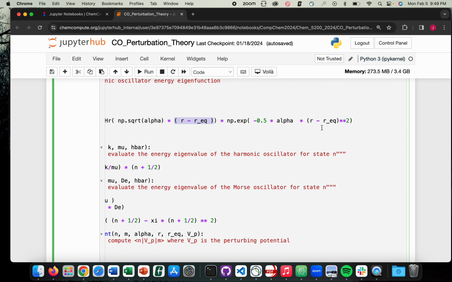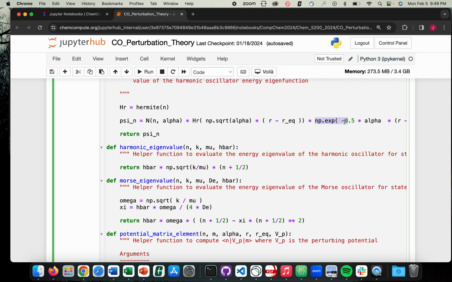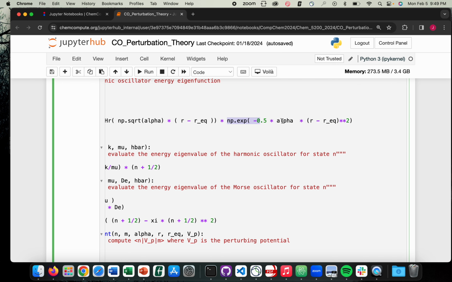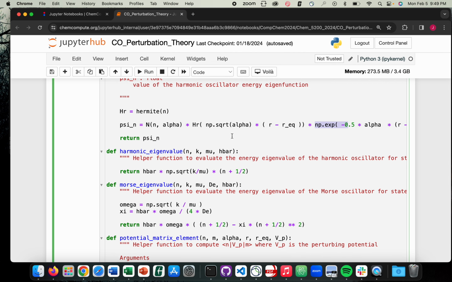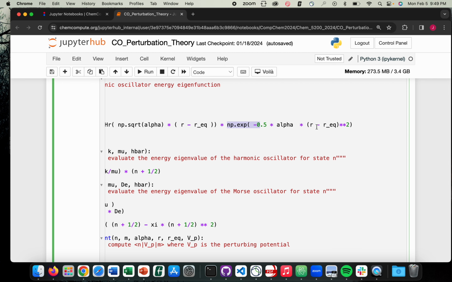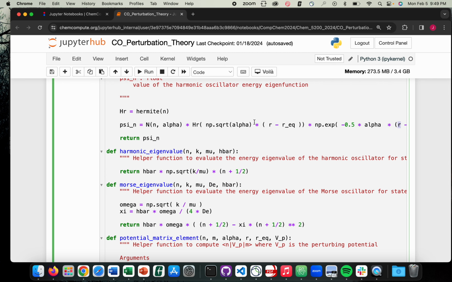And then finally, I'm going to have this Gaussian function, e to the minus 1/2 alpha times r minus REQ squared. Okay, so as long as r is a NumPy array, this whole thing is going to be a NumPy array and will return a NumPy array. All right.